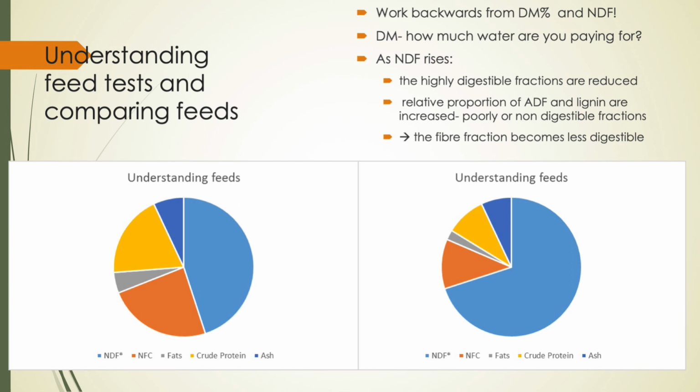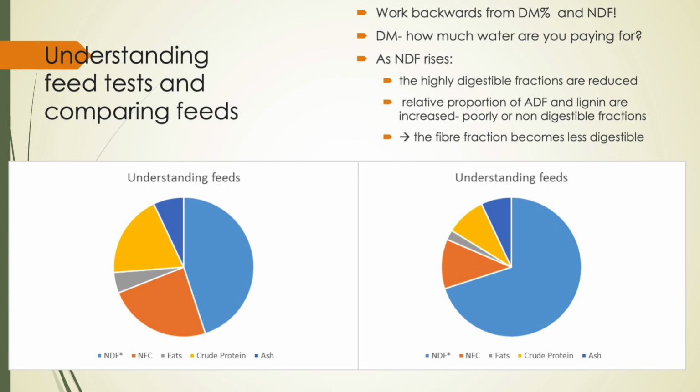When you think about a feed, some of these parts are really digestible with good feed value, and the NDF fraction, or the fibre fraction, is moderately digestible. But the bigger that NDF takes up of the wheel, the less of the other good bits are left. So we work backwards from that.